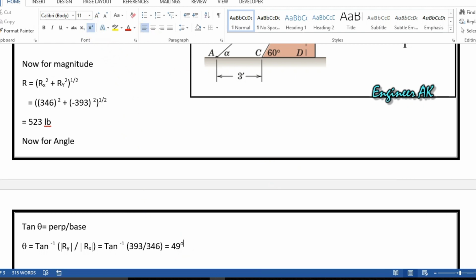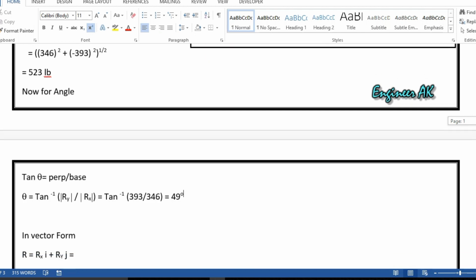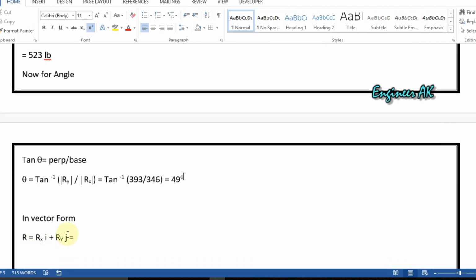Now if I want to write this in vector form, Rx was 346 i, and plus minus 393 j, right? Here you can place a bracket with pounds.